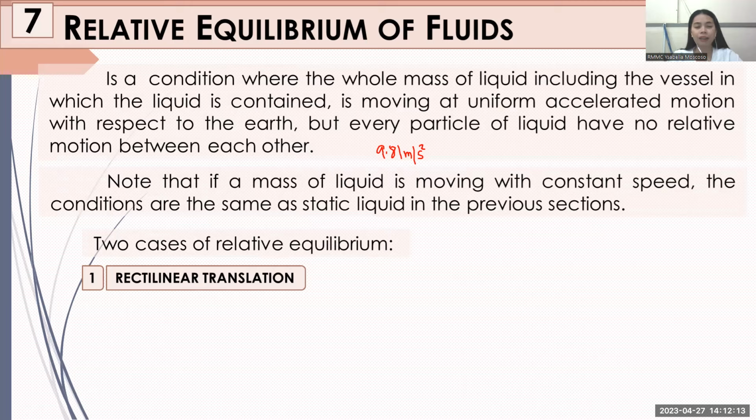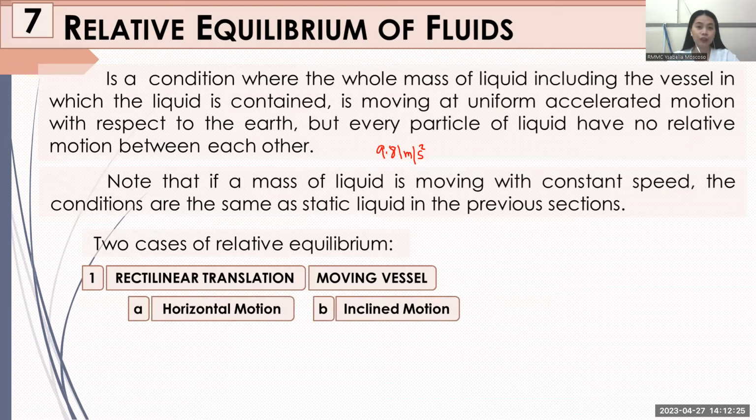So pag sinabi natin rectilinear translation, more of the examples of this or the principle of this, pag-usapan natin using the moving vessel. Okay, and sa moving vessel natin, you have your horizontal motion, your inclined motion, and you have a vertical motion. Okay.